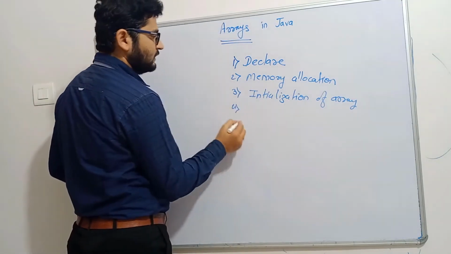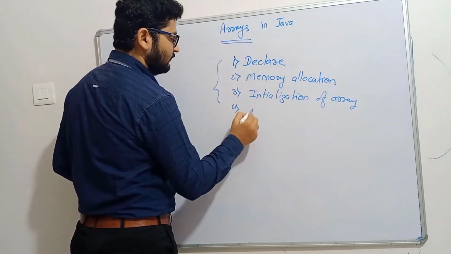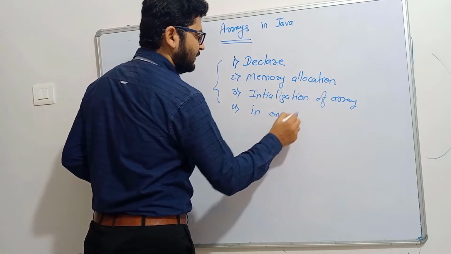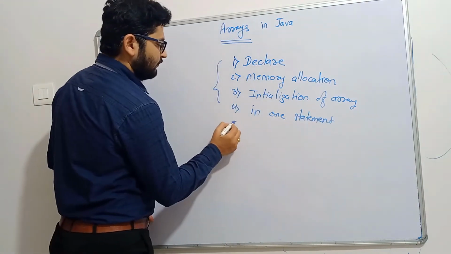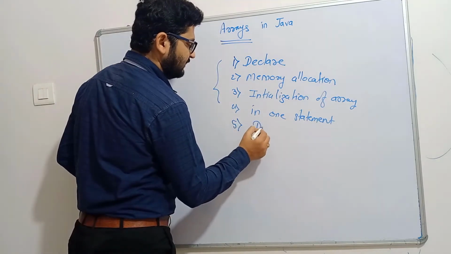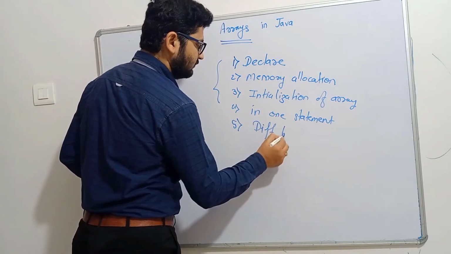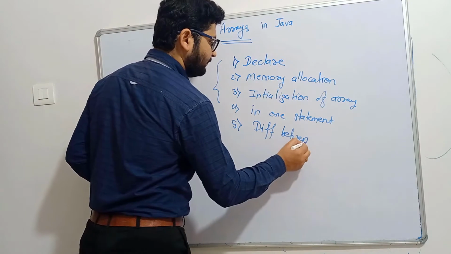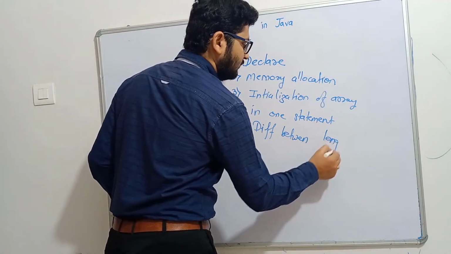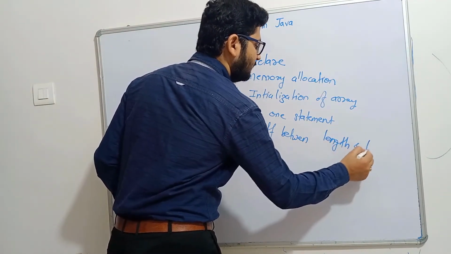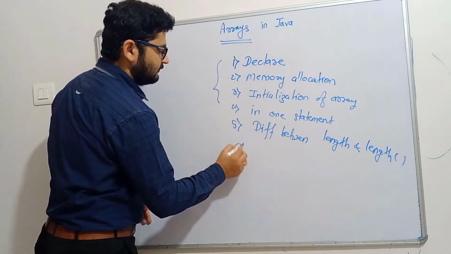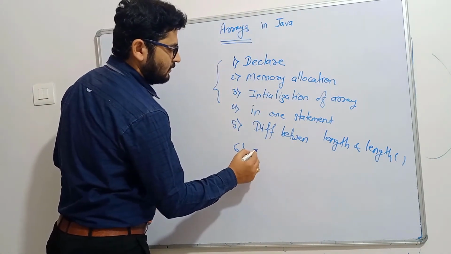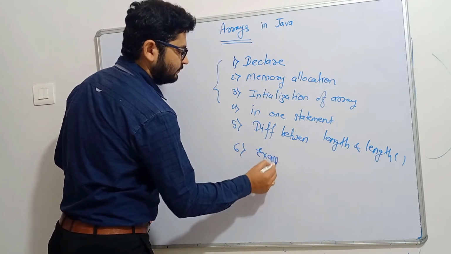Fourth, we are going to see all these in one statement. Fifth, we are going to see the difference between the length variable and the length method. And sixth, we are going to see an example.